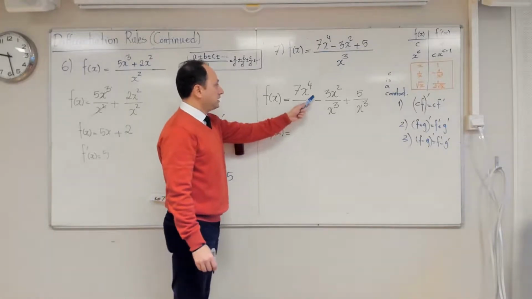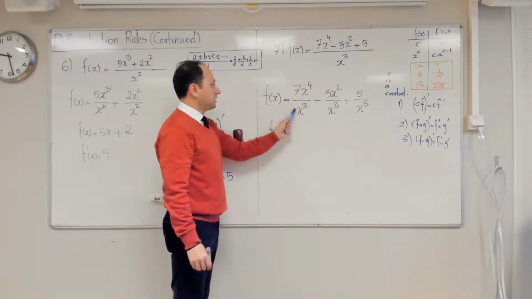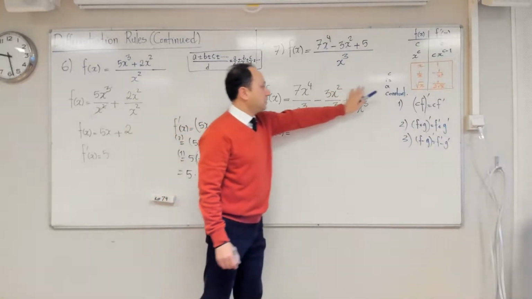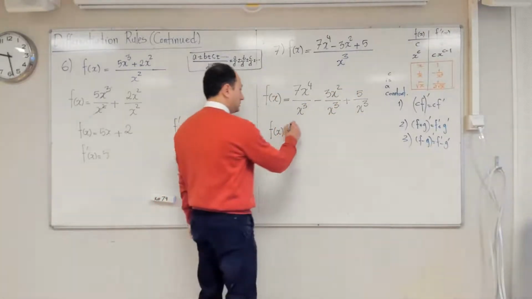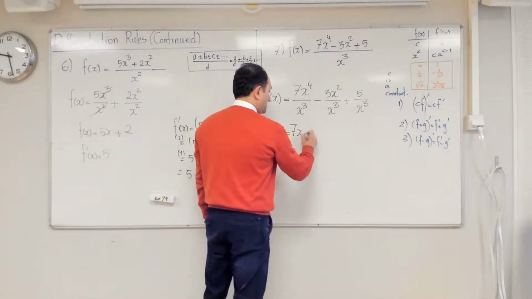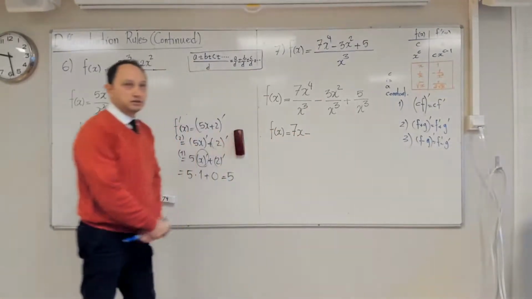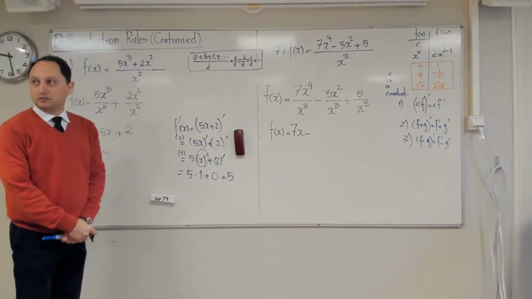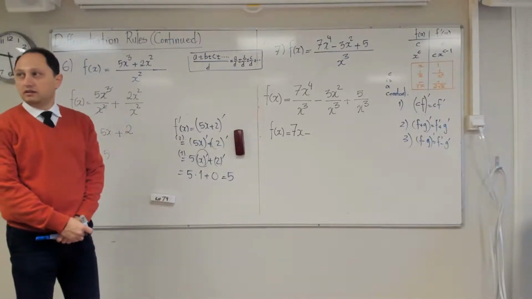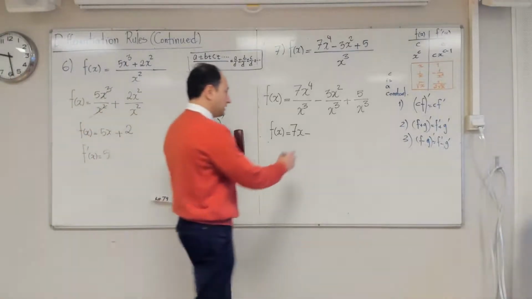Okay, just tell me, what can I write instead of this, everyone? 7x to the 4, just forget about whatever is coming. Just concentrate. It is what? 7x. Okay, minus, what do you think about the second one? 3 over x, yes, you mean?